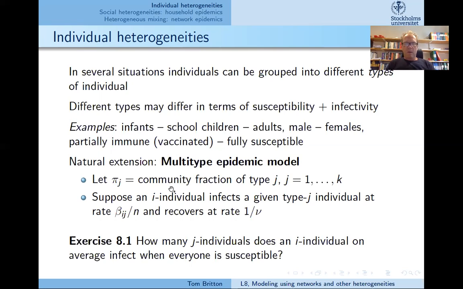Then the model could be a continuous time model, similar to what was called the general stochastic epidemic model. If you remember that one, people were infectious for an exponentially distributed time with mean nu, which means that you recover at rate 1 upon nu. But then the rate at which an i individual infects a given j individual is no longer beta upon n, but it depends on the type of the infectious individual as well as the type of the susceptible individual considered.